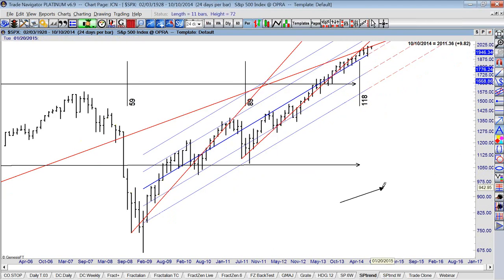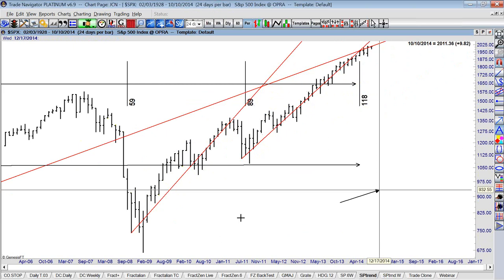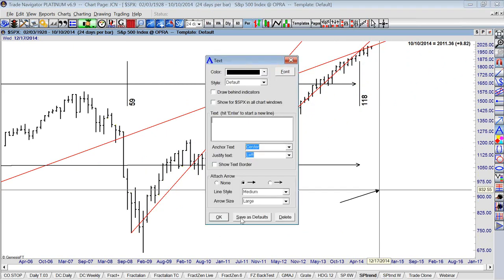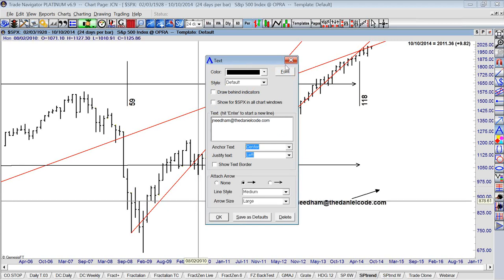Need this one. Okay. J. Needham at the Danielcode.com. And we'll make that a bit bigger so you can see it. I'll leave that there.